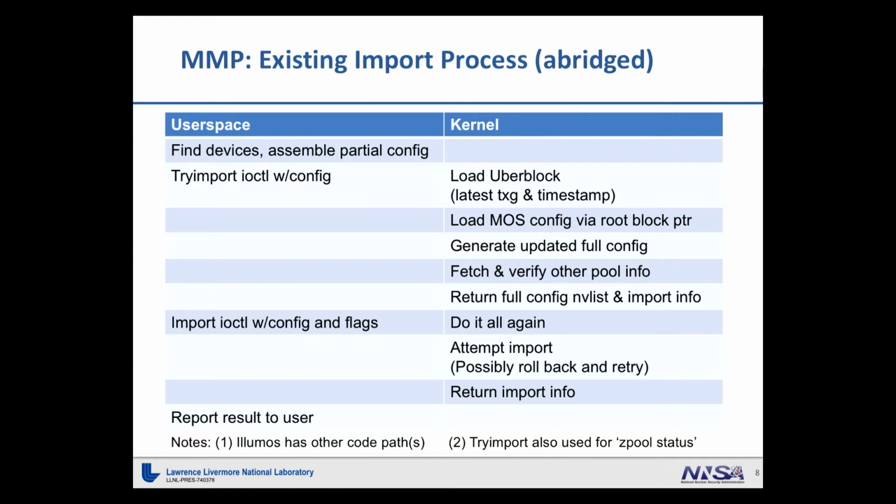So it assembles this partial config, and then it issues a try import. Try import ioctl is used to get information about the pool. So if you issue a zpool import without giving the all or the pool name, to find out the status of the pool, or just get a list of what pools are available, try import is what provides that information.